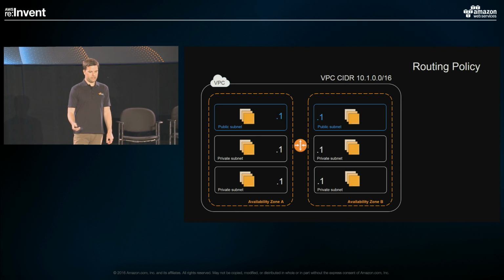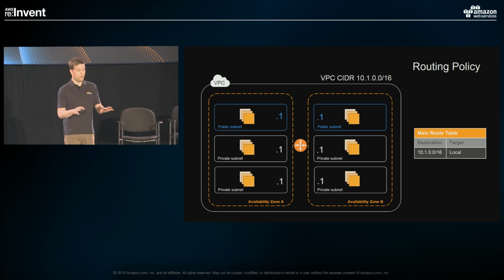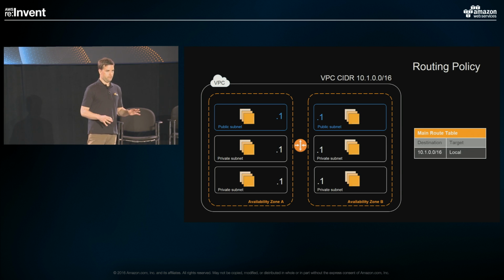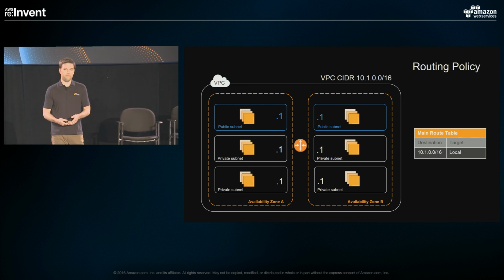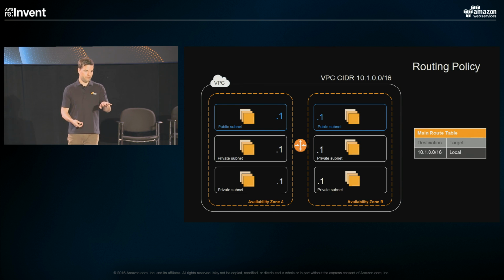The first thing to point out is that by default, all the subnets in a VPC can talk to each other. So it's a flat network. It's a star. There's a virtual router that is represented in each subnet by this .1 address, which is handed out by the VPC DHCP server. And every route table, by default, will have this local route that facilitates that routing within the subnets. That route is put there by default, and you cannot manipulate it.